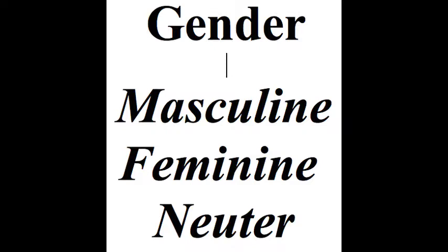So, for example, the word hús, which means house, yeah, very similar. You can see the common vocabulary, the common relation between English and Icelandic there. That could mean, if you just say hús, that could be singular nominative, accusative, or plural nominative and accusative, right?